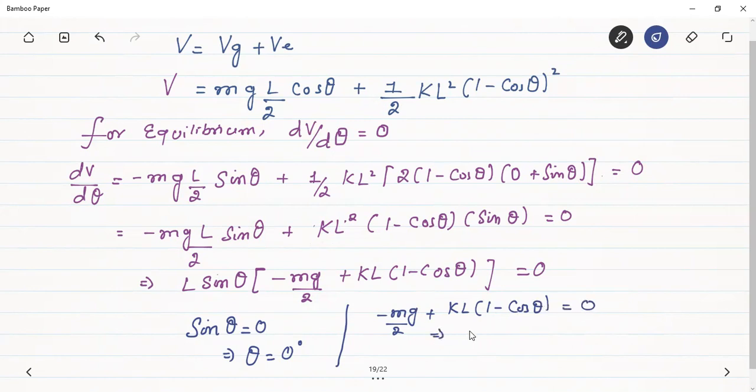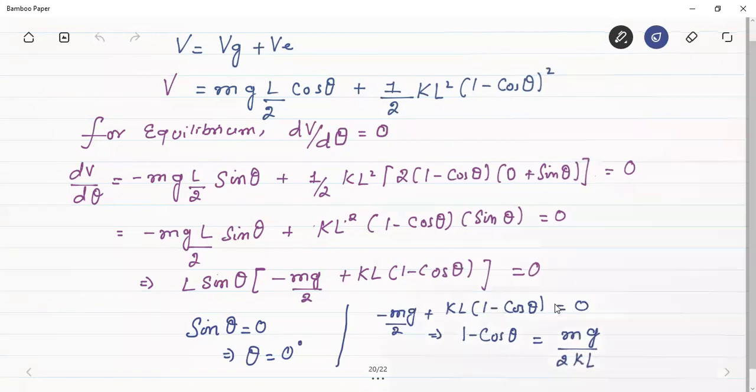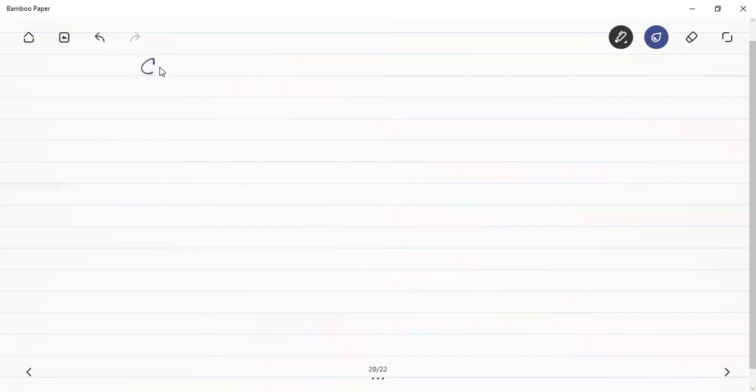Or we can write 1 minus cos theta equal to mg by 2kL. Okay, or we can write that cos theta is equal to 1 minus mg by 2kL.